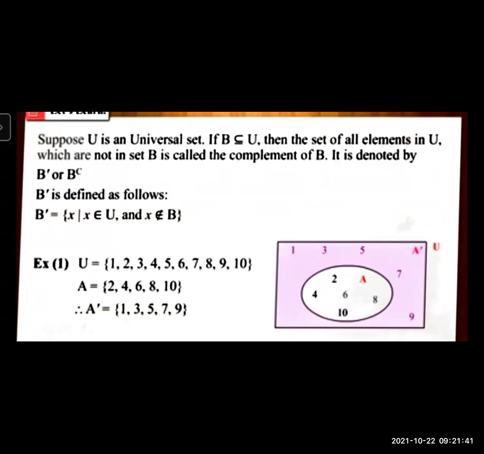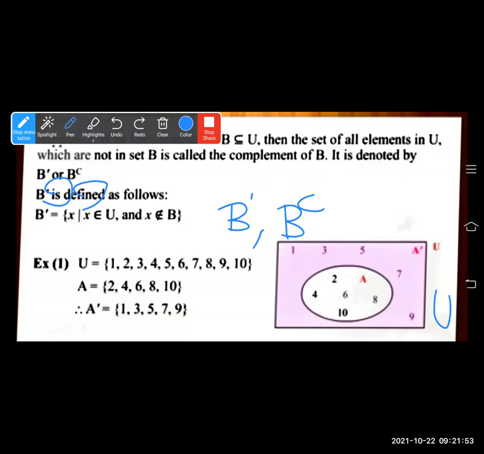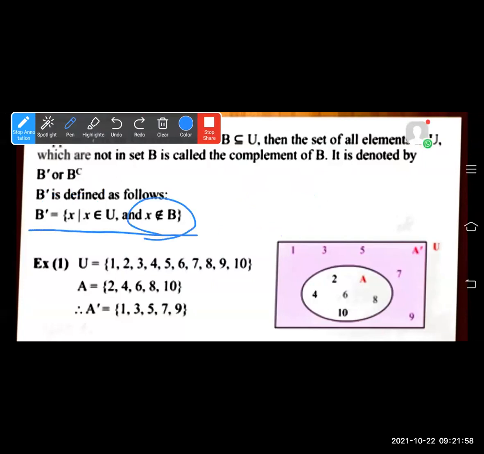But in set A, all the even numbers are there: 2, 4, 6, 8, 10. So what will come in A complement? Using this definition, B complement is the set of all x such that x belongs to U but x does not belong to B. That means whatever is not in B will come in the complement.